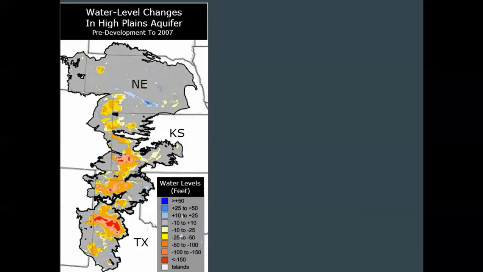The impacts of this in terms of drawdown of our aquifers, and again, our aquifers are groundwater systems or groundwater resources. This happens to be the Ogallala complex in the central Great Plains. And what you'll notice here is that any area that you see in yellow or orange is the water level in feet that has been drawn down over the period from pre-development, essentially before the 1800s, to 2007.